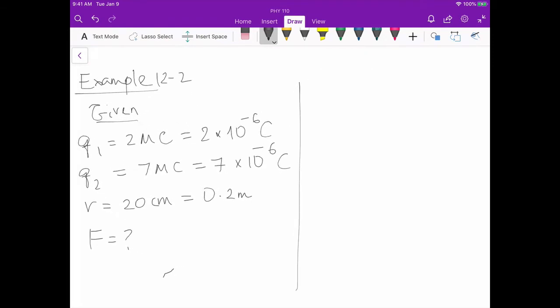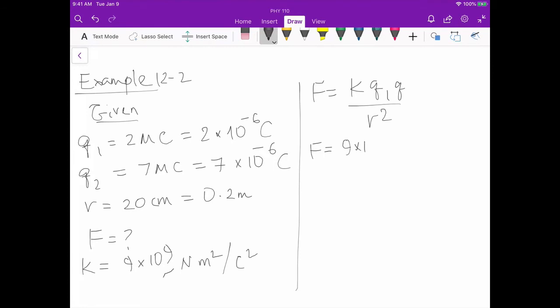According to Coulomb, electrostatic force between two charged particles is K times Q1 Q2 divided by r squared. We need to convert everything to SI units because our K value is constant. K is given as 9 times 10 to the power of 9 Newton meter squared per Coulomb squared. Everything is in basic SI units here.